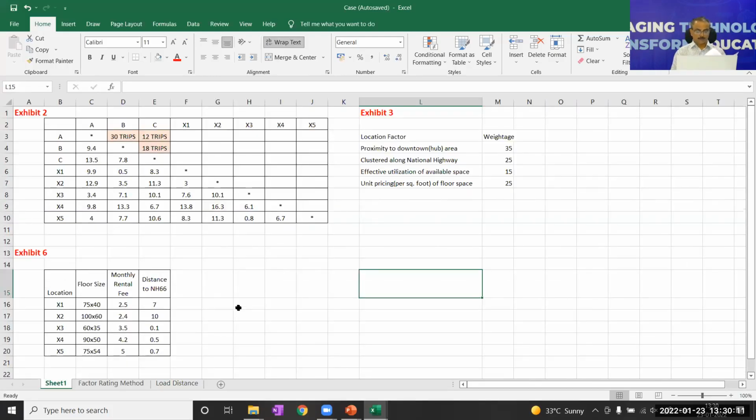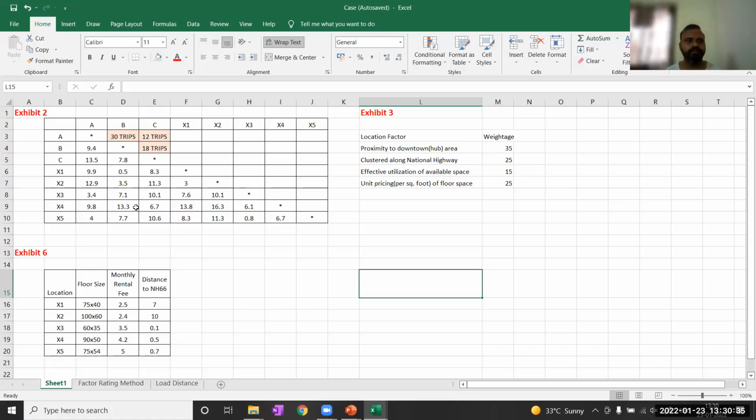For calculation purpose, I have extracted some of the data from these sheets to the Excel sheet. Okay, so which method you can apply? The load distance method? Yeah, we can use load distance also.